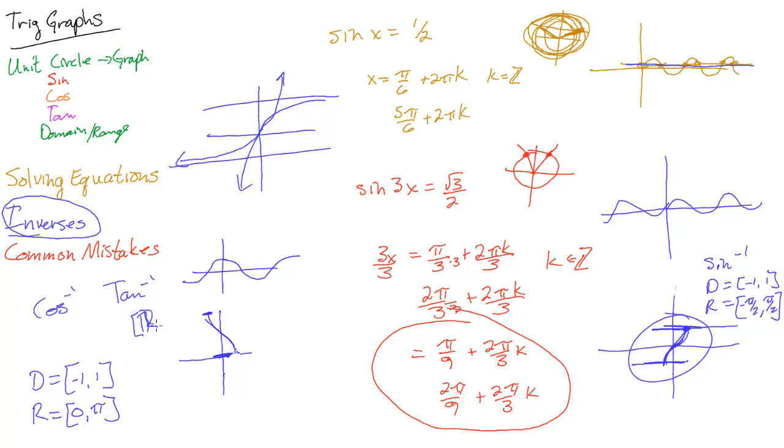We don't need an interval on that one. And the range is negative pi over 2 to pi over 2. But they're asymptotes, so negative pi over 2 to pi over 2 with parentheses on it. Wow, those inverses are pretty crazy. There are a couple of things that you need to worry about.